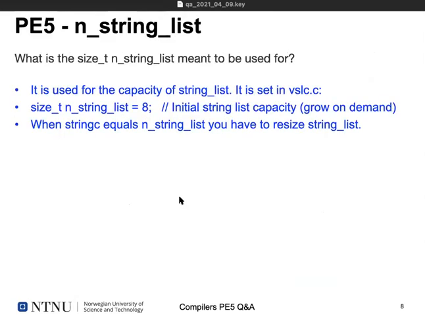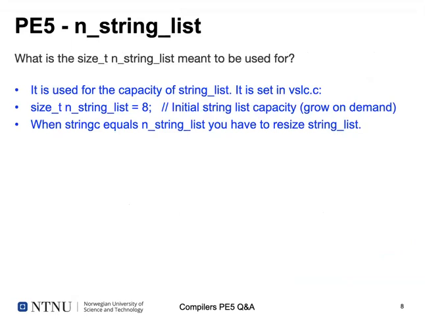What else have we got? N string list. What's the size t n string list meant to be used for? That's not my answer. I think that was from one of our TAs or maybe a fellow student, but it's a good answer. It's used for the capacity of the string list and set in vslc.c. For example, here for an initial size of 8 strings, and you can grow this on demand.